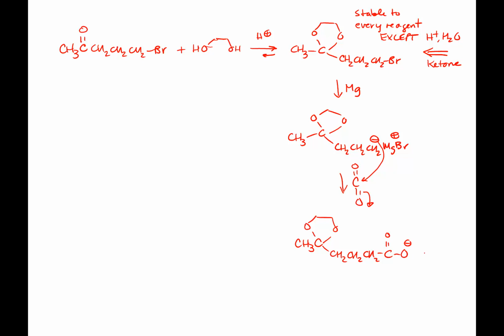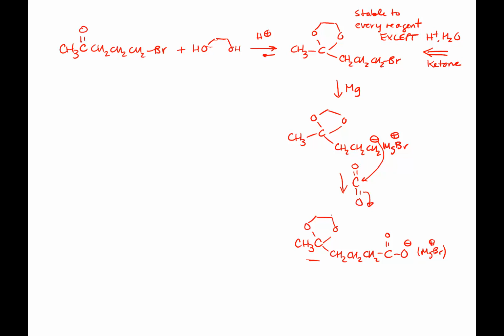If you're concerned about the counterion for that, it is going to be magnesium bromine plus. Okay. So I just added my CO2 group. There was no danger of it reacting with the cyclic ketal, because the cyclic ketal only reacts with H plus H2O.